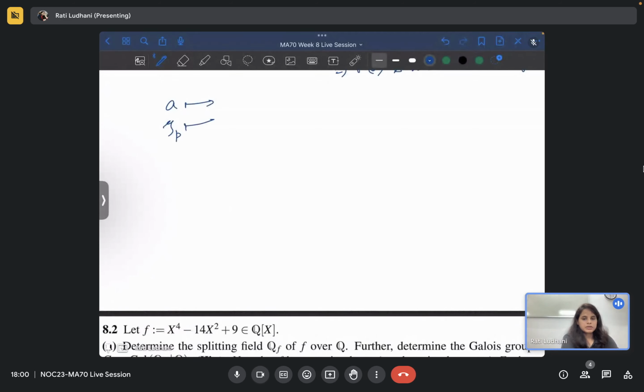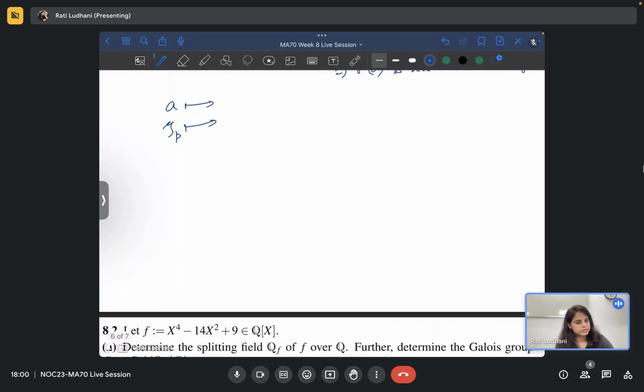So firstly, I am claiming that it should be a minimal polynomial. Why am I saying that? You have to consider this f to be a minimal polynomial, because we have proved one thing, that sigma of a is a root of the polynomial g.